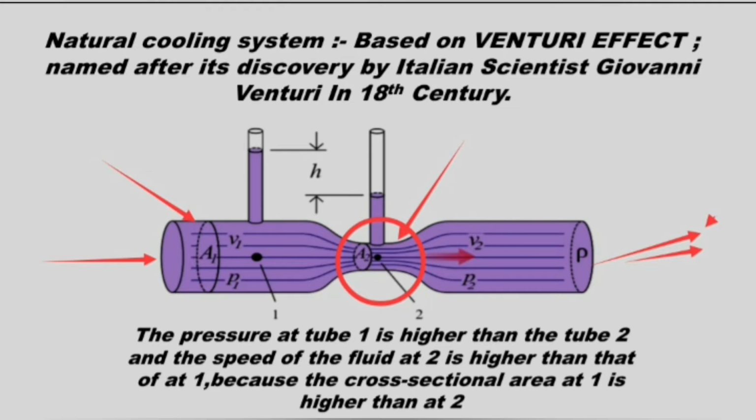So when the speed of the fluid passing through the narrow region increases, there will be an increase in kinetic energy. This increase in kinetic energy is balanced by the dropping of pressure at the narrow section of the tube, to conserve the total mechanical energy of the system.